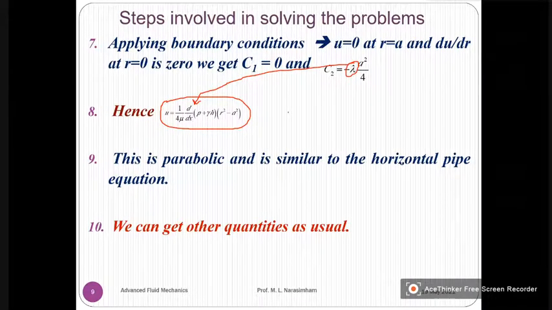So this is a parabolic equation, right? Now, suppose the pipe is horizontal.